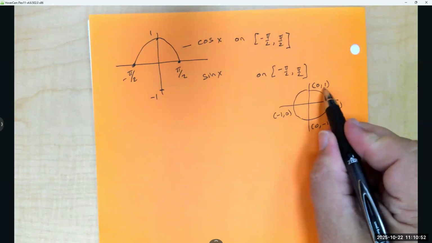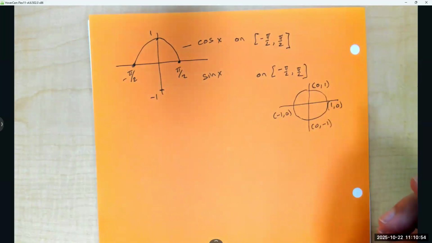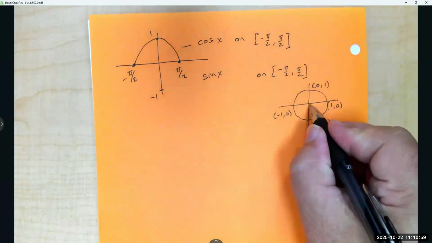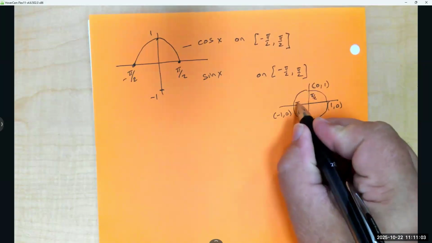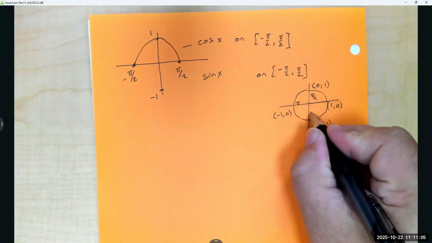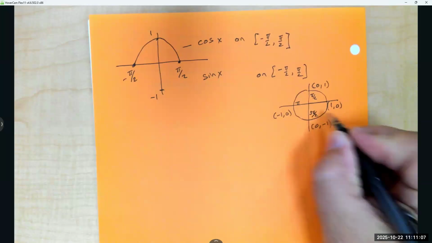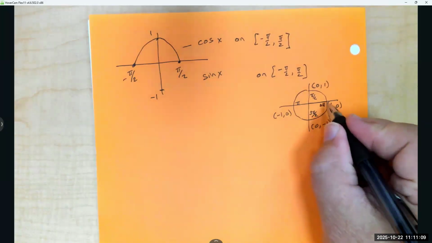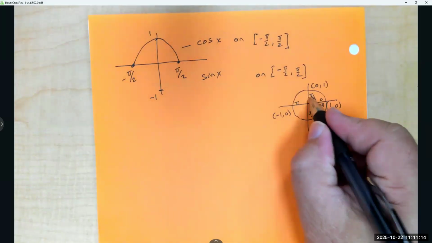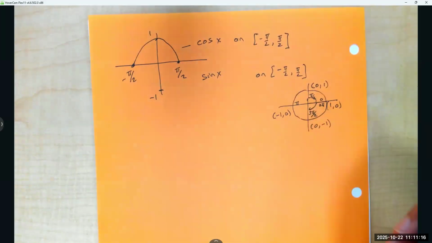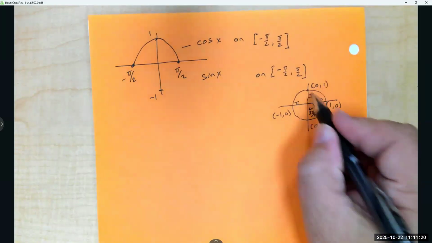Which one of these values corresponds to the sine value? The y values. So this is at 0. This is at pi over 2. This is at pi. This is at 3 pi over 2. And this is at 2 pi. So at pi over 2 and negative pi over 2, what sign? 1 and negative 1.